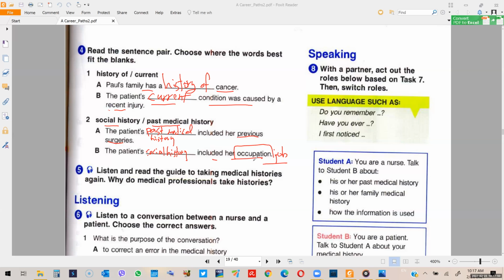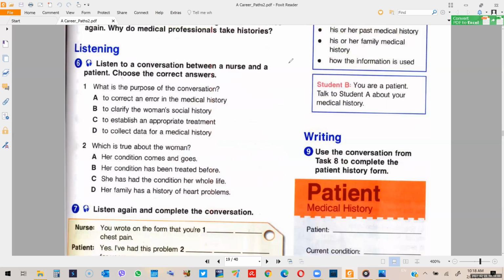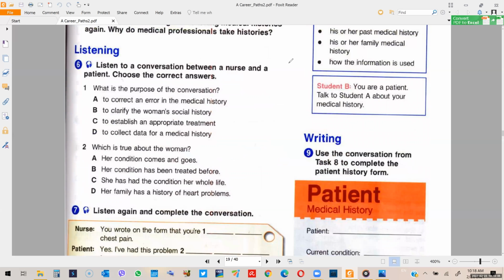Now we are going to listen again to listening number 2 today, and we are going to answer some questions about the listening. Listen to the conversation, and we have 2 questions. We are going to listen 2 times to the conversation between a nurse and a patient, and then we choose the correct answers.